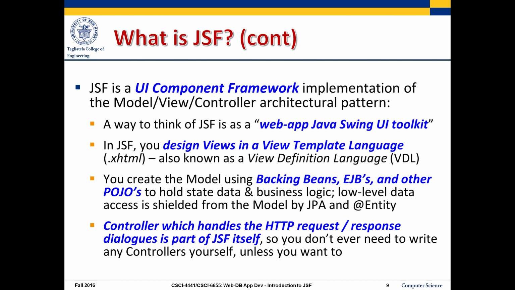You might say, which action am I coming from, or which outcome, because if you're using h:button as opposed to h:commandButton, the command button generates a post, the h:button generates a get.